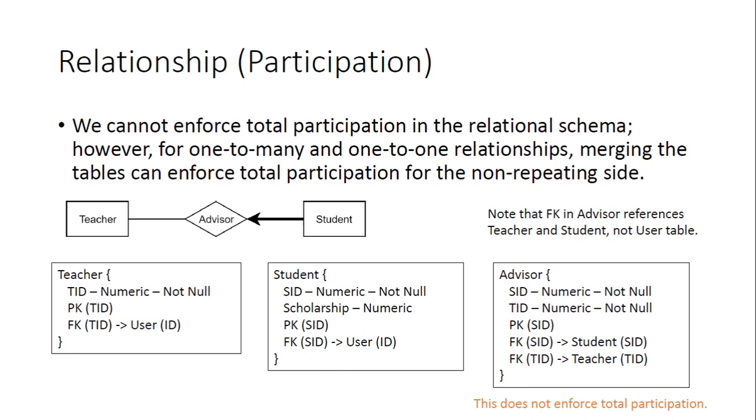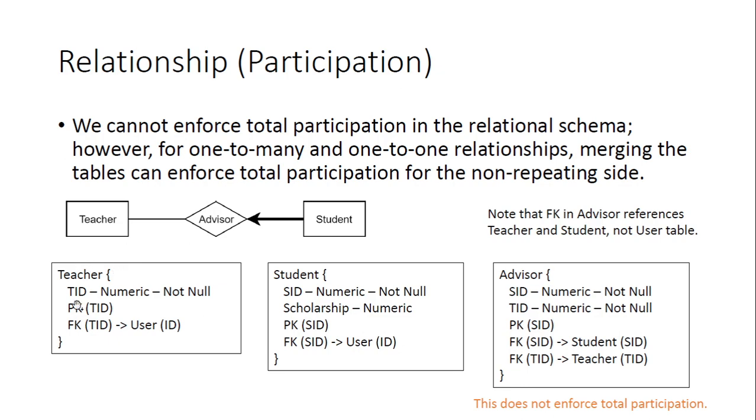For every student, there should be an advisor. Or we can say there shouldn't be any student whose advisor is not some assigned teacher. In this case, we could write the relational schema like that without the total participation.